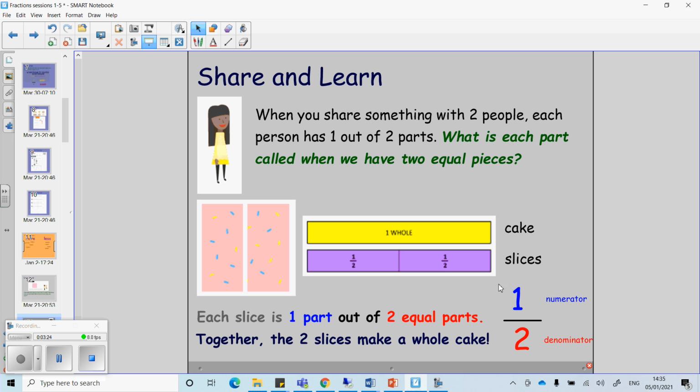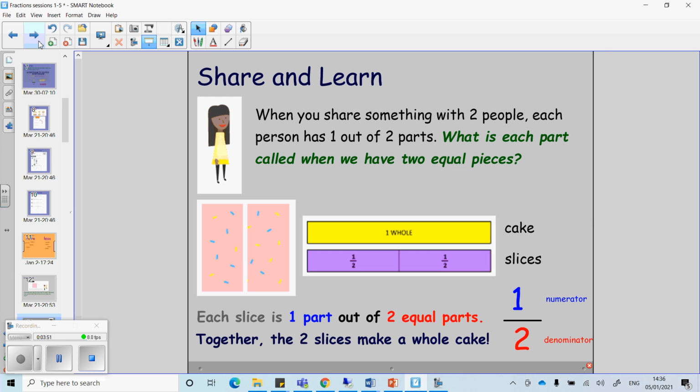Now we write this fraction like this: 1 out of 2, 1 part out of 2 altogether. And we actually call this a half. So when you hear people say 1/2 or half of something, this is what that looks like as a fraction.